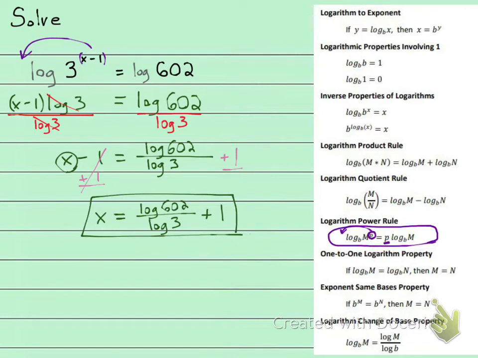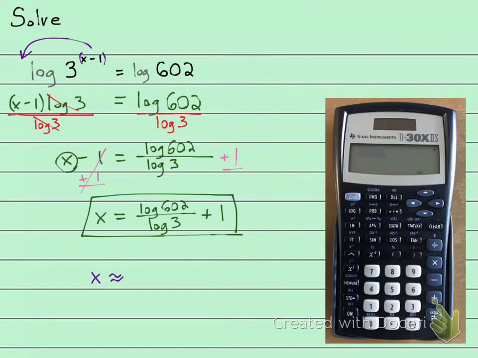If they want you to approximate it with a calculator, let's do that. Let's approximate this answer with a calculator. Approximation, we're going to use the squiggly equal sign. That's your approximation. And let me get my calculator. Here it is. And I'm going to press log of 602, and then hit equals.